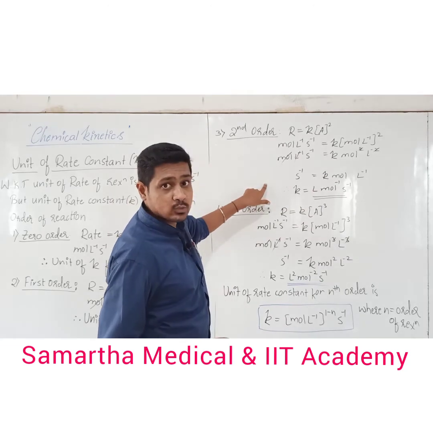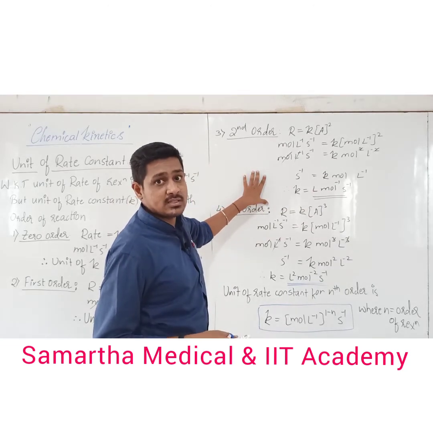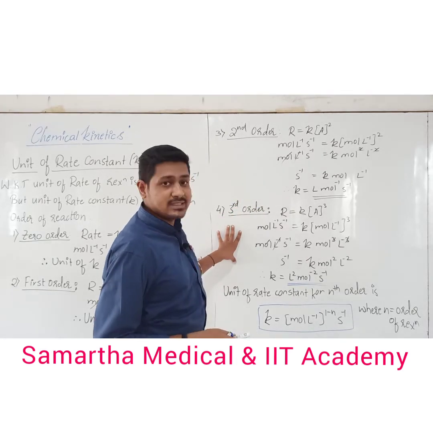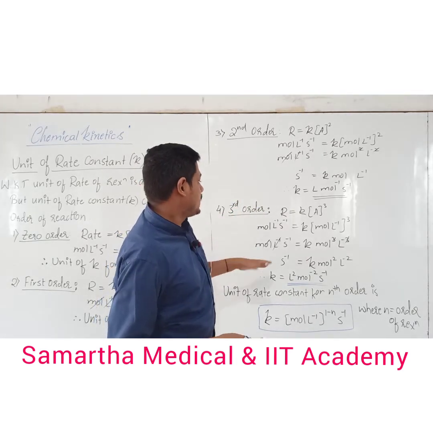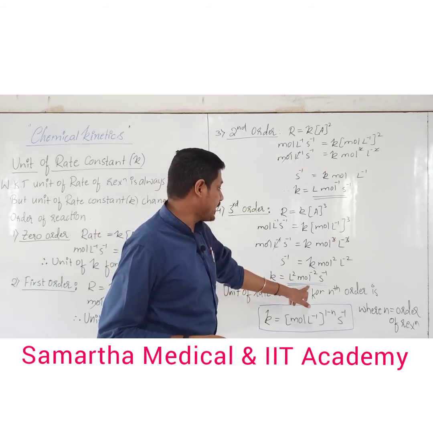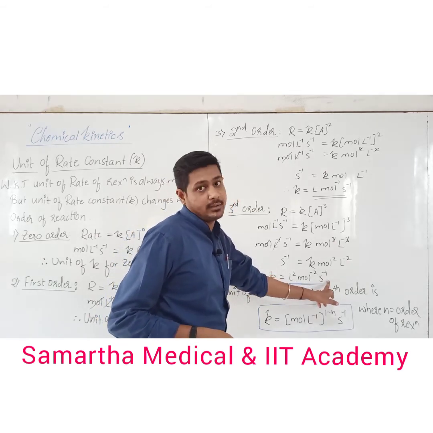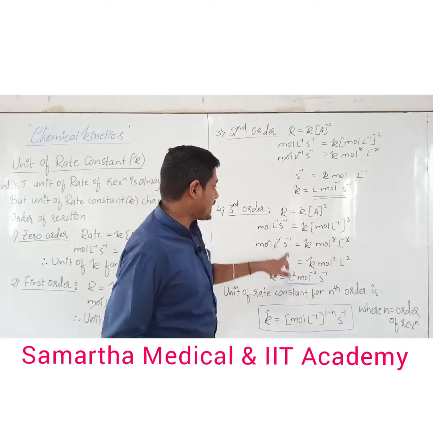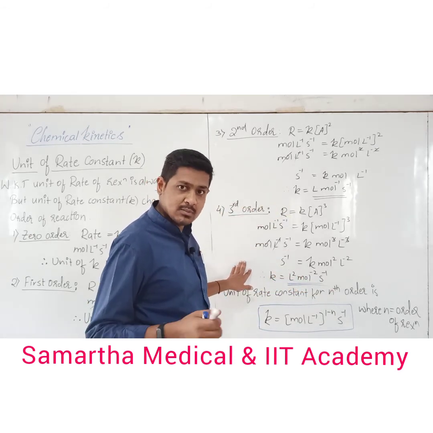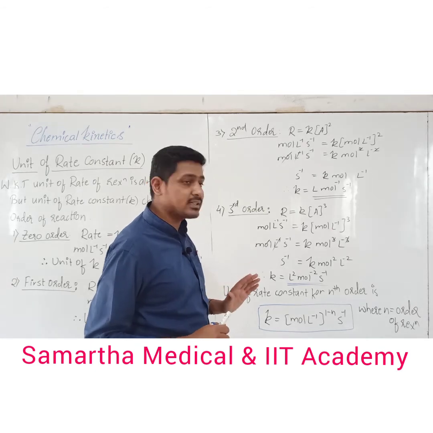Here I have made the calculations. It is a simple calculation, you can understand it. Okay, then for third order reaction, see what is the unit? Rate constant is liter square per mole square per second. Okay, and how did it come? I have given you the detailed calculations, simple calculation. You can clearly understand that.